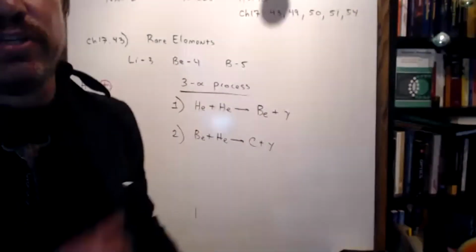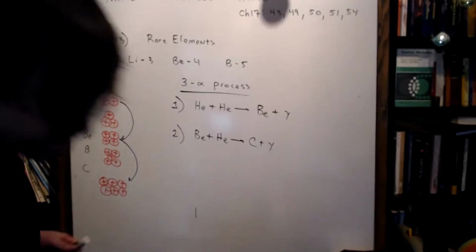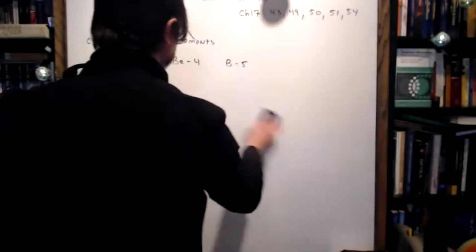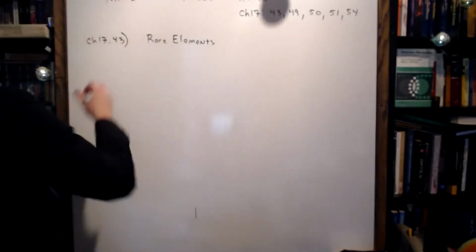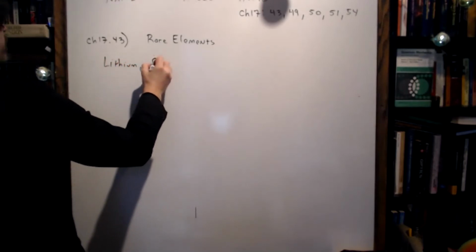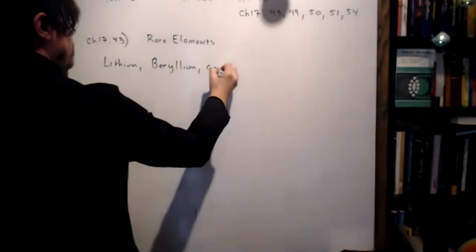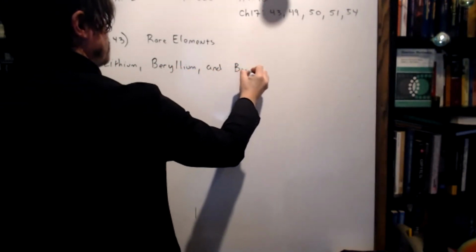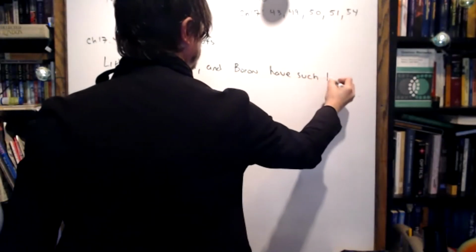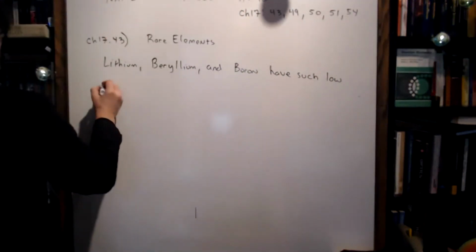All right, let's write this all into a paragraph now that you guys understand. We'll write it out like this. Lithium, beryllium, and boron have such low, and I guess the way we would phrase this is cosmic abundances.